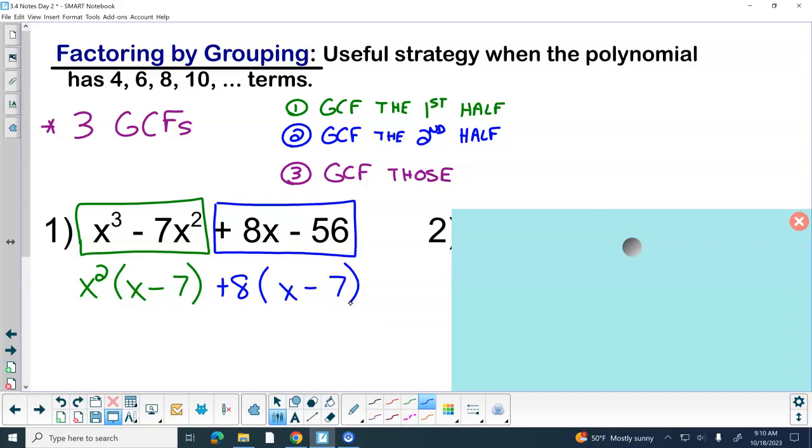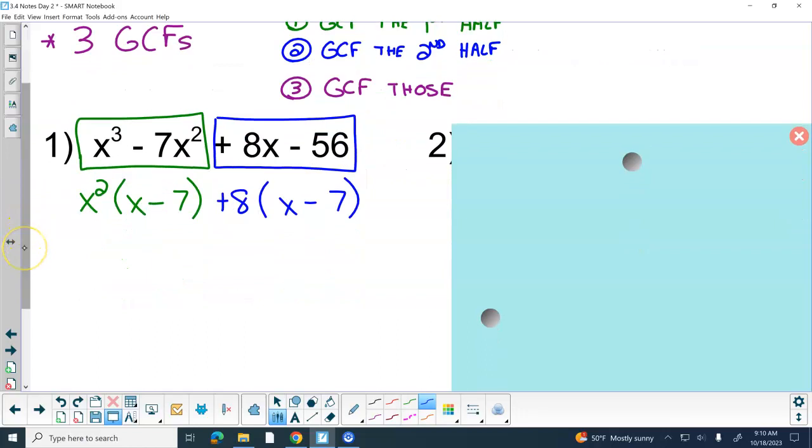Now, what I'm going to do is I'm going to GCF that one. Notice that in both the green and the blue, they have an x minus 7 part. So that is my GCF. I'm going to pull x minus 7 out. What's left over?